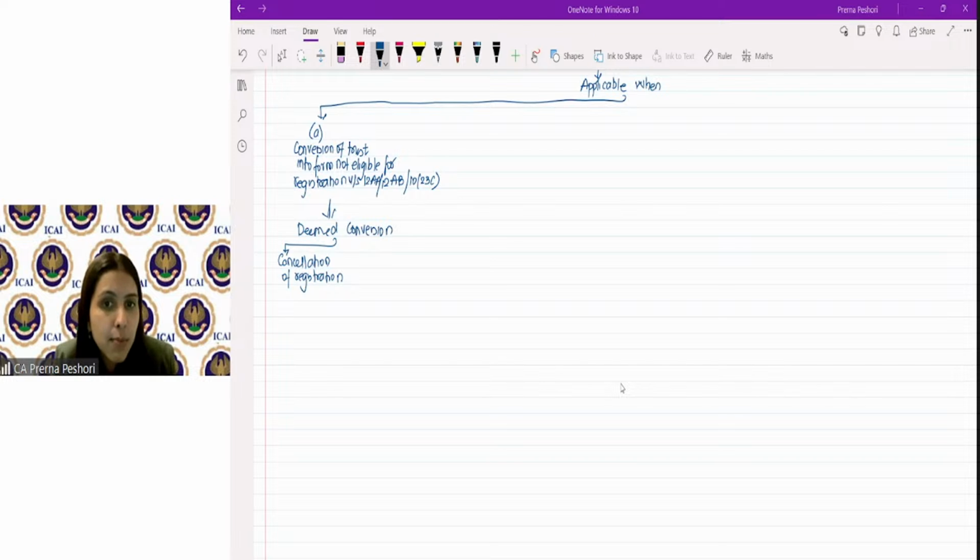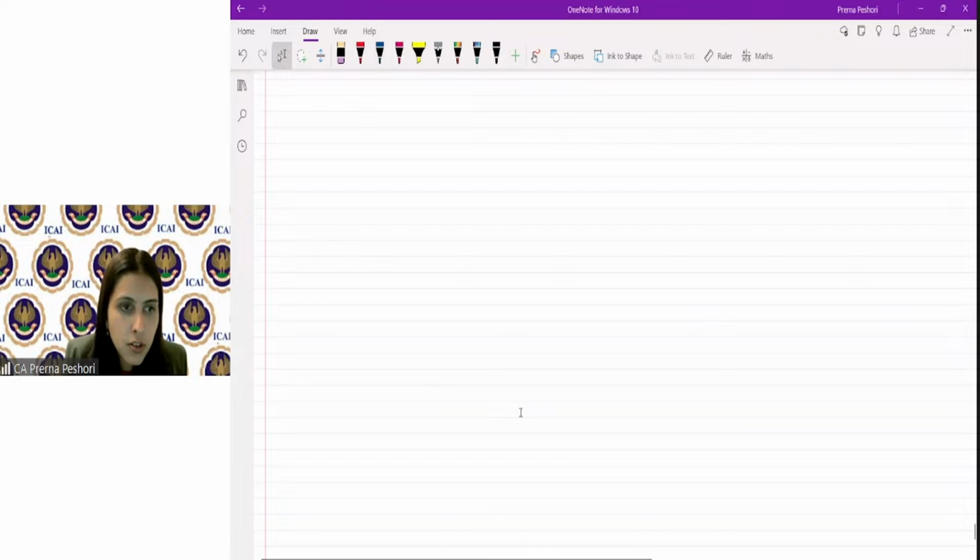In that case, the PCIT can cancel the registration. After calling for the documents or information, he may pass an order in writing cancelling the registration or approval of the trust. Are we clear? You can write this down simultaneously for the cancellation of the registration.